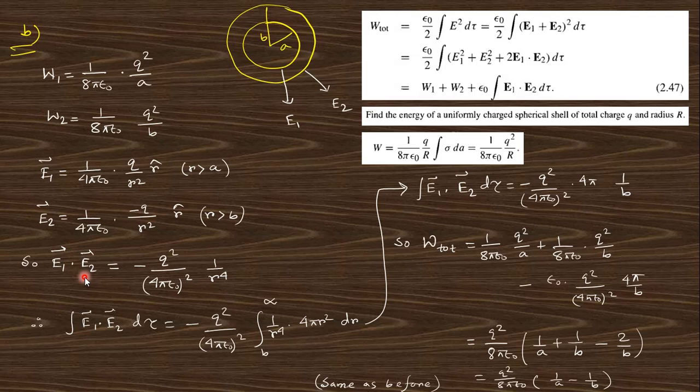If you take the dot product, this will give the answer, and this dot product will be present only in r greater than b. In the other regions it is 0, because one field is present and the other is 0, and this region is also 0. So this dot product exists only for r greater than b. That's why we integrate from b to infinity.